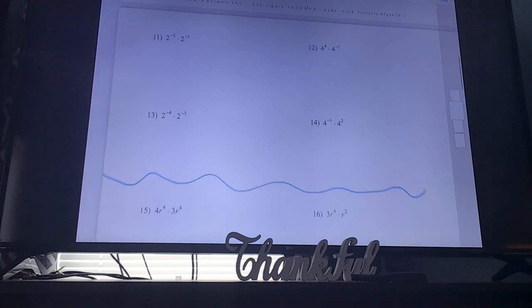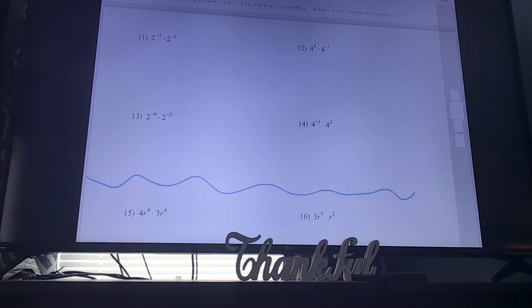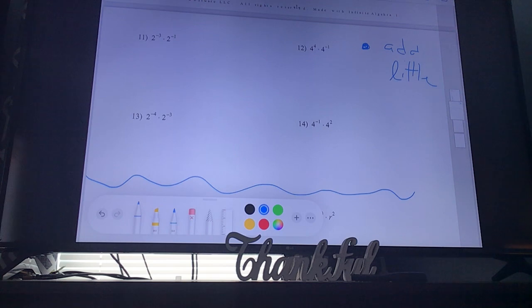And all of this page has the dot. And so what do we do with the dot? When you have the dot, you need to add the littles.